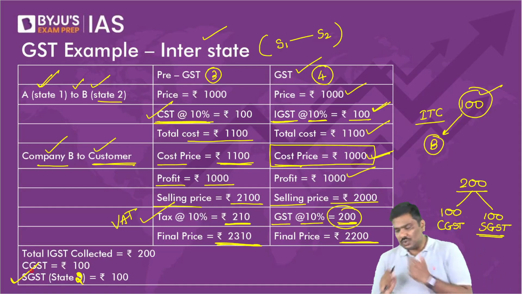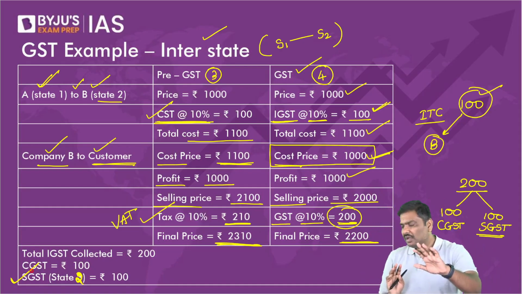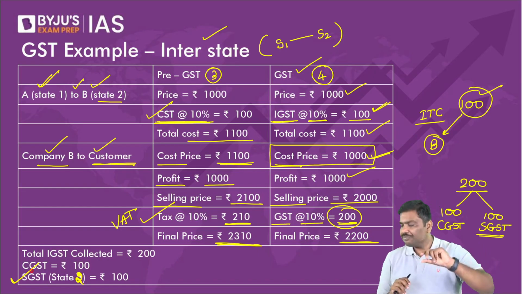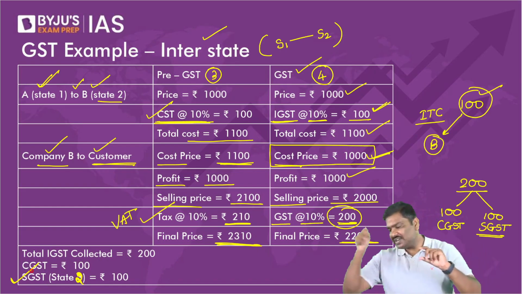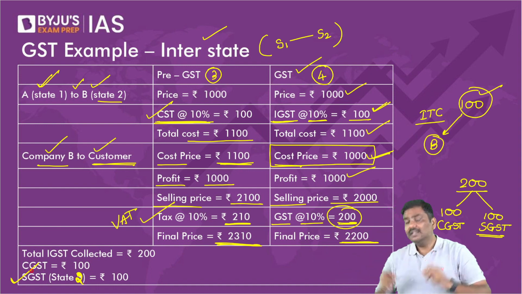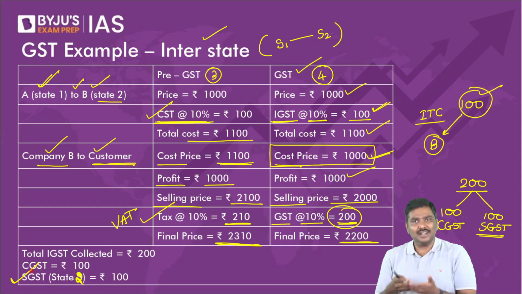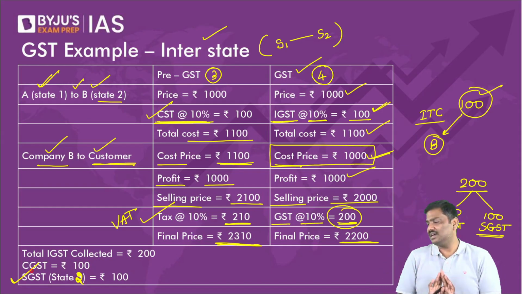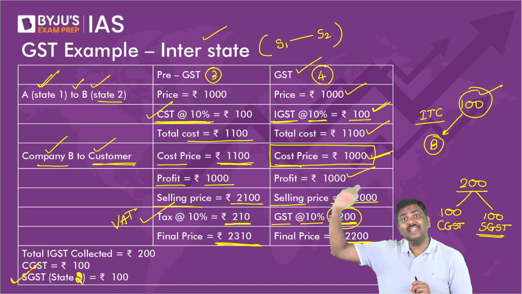Now, there are two students, I don't want to take the name, who are saying state 1 will get SGST. My dear, SGST is a destination-based tax. A destination-based tax means the state where the consumption happens, where the good is used by the customer, with no further sale of it.